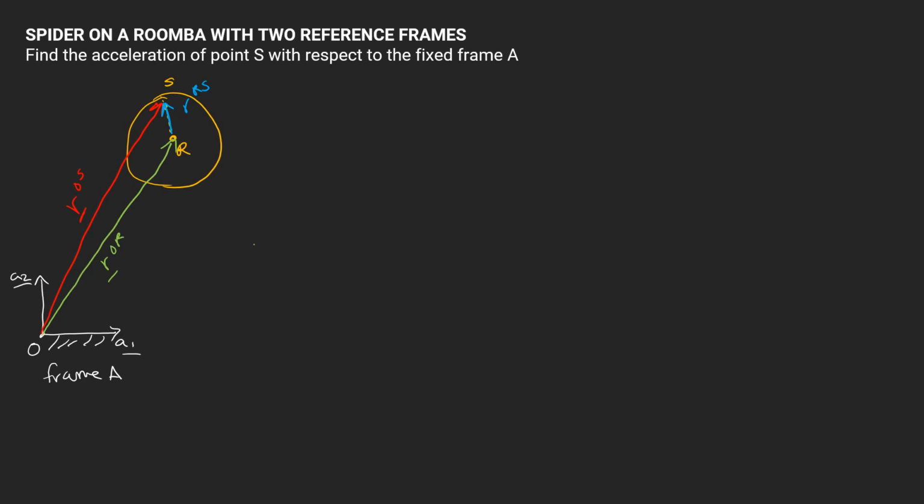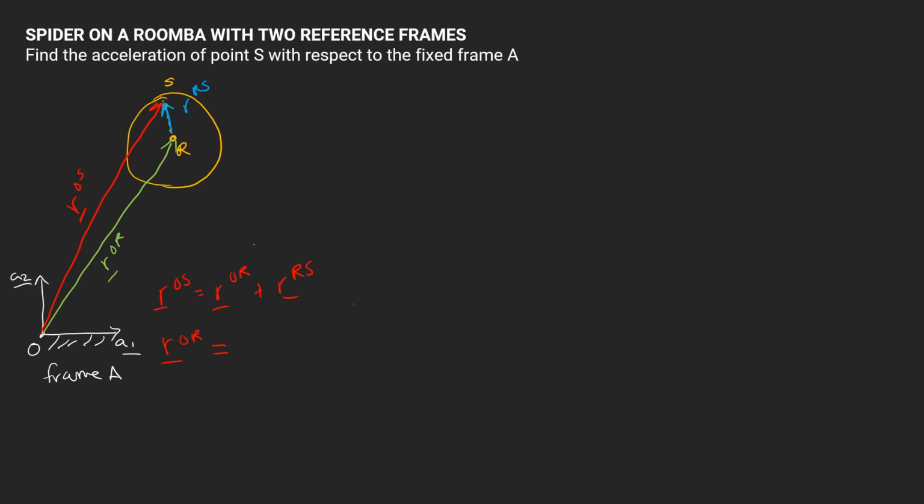Once we know ROR and RRS, we can write ROS as the sum of the two: ROR plus RRS.